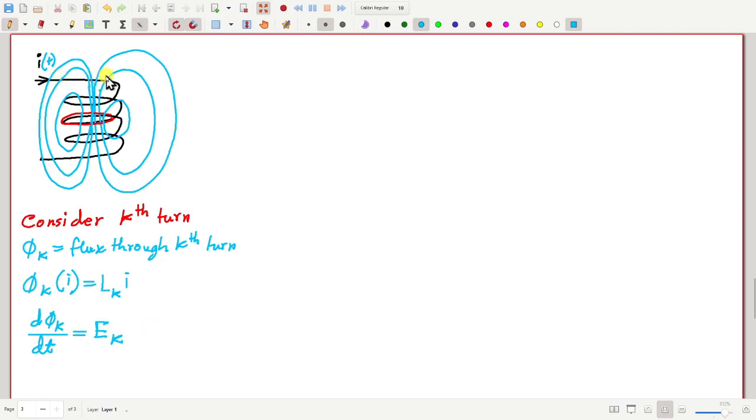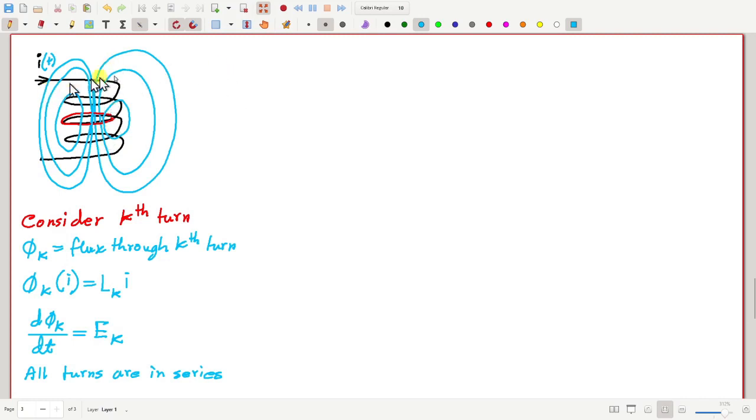Now there are so many turns, and all the turns are in series. There may be different amounts of flux going through different turns.